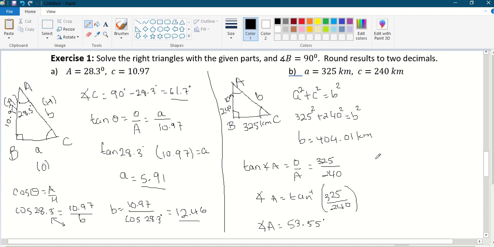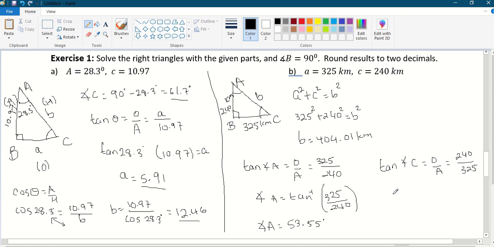Now to find angle C, I can use 180 subtract 90 subtract 53.55, or I can use tan theta again, but now from angle C's perspective, 240 will be opposite, 325 will be adjacent. So tan angle C equals opposite over adjacent, which is 240 divided by 325.